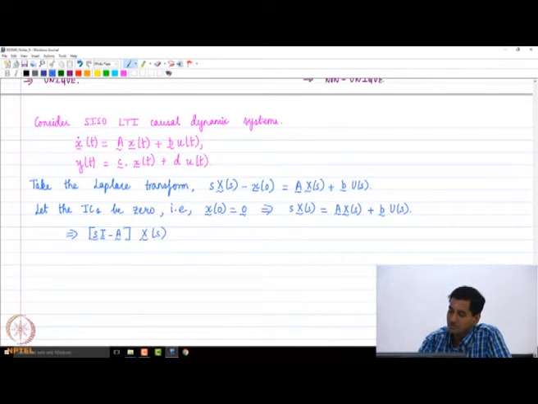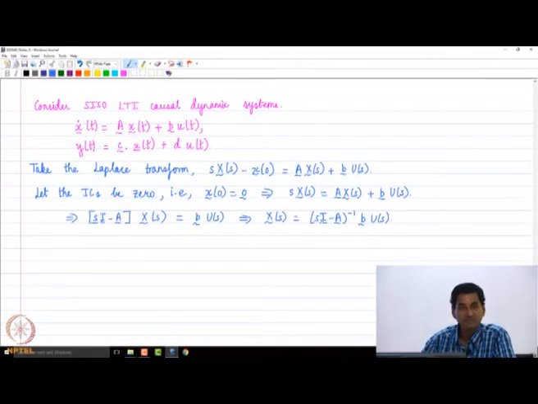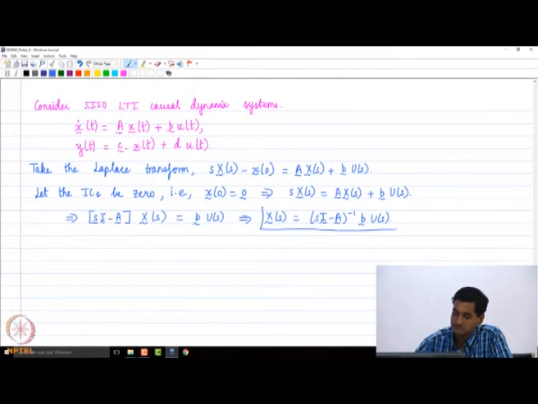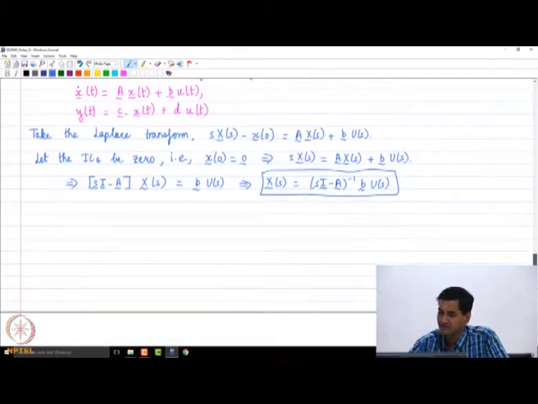That is equal to B times U of s, and assuming that the inverse exists, X of s is going to be equal to sI minus A inverse B U of s. That's going to be capital X of s. I'll just be done in a couple of minutes.